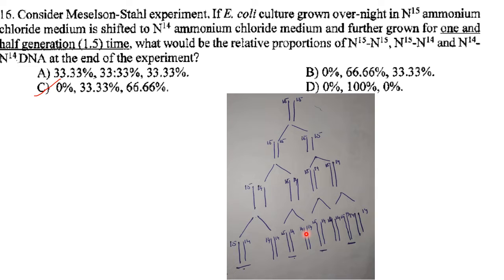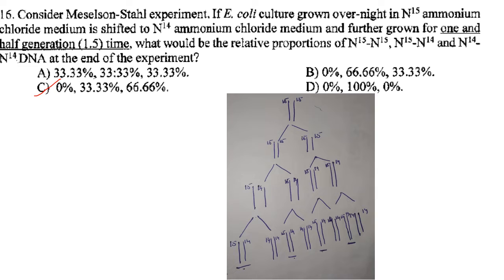Okay. And which is the next one after N14, N14? It is the hybrid one, that is N15, N14. That is appearing in much lesser number than N14 DNA. So your ratio should be C, that is 0% N15 N15, 33.33% N15 N14, because that is lesser in number than N14 DNA.